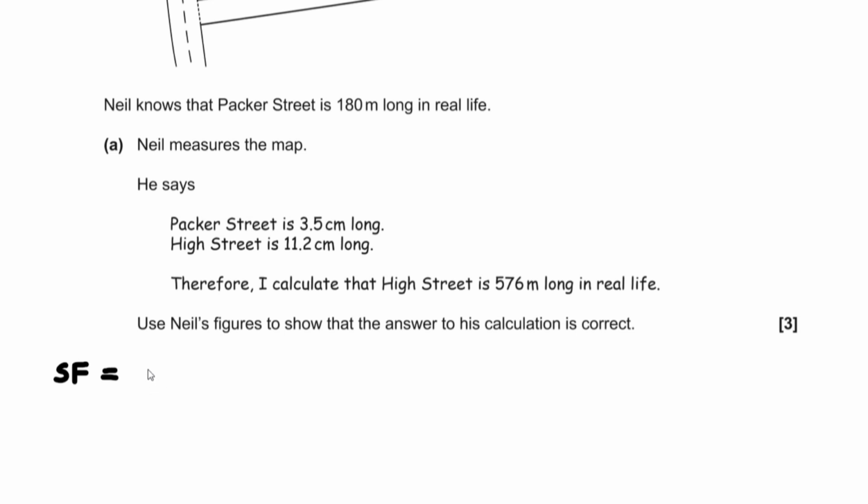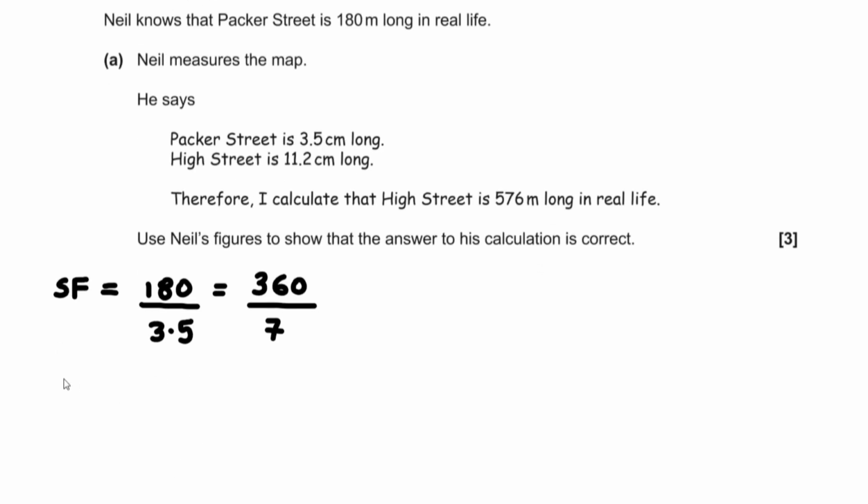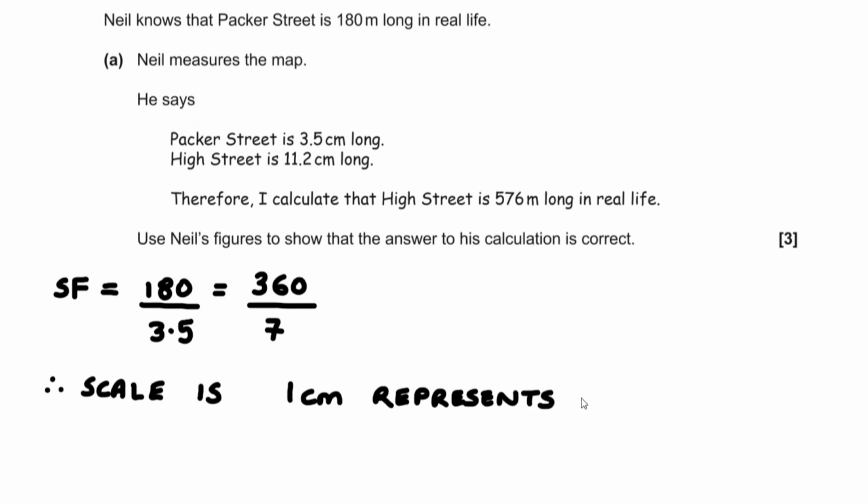So I've got 180 divided by 3.5, which is equal to 360 divided by 7. So for our scale, that will be given by 1 centimeter represents 360 divided by 7 meters.